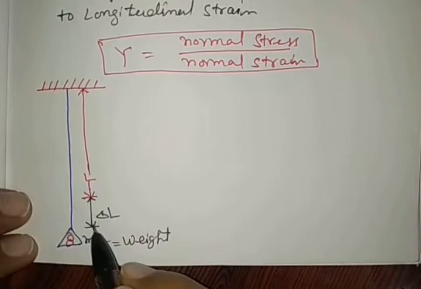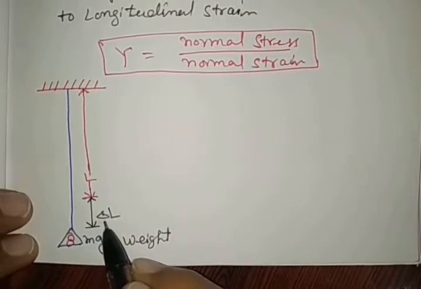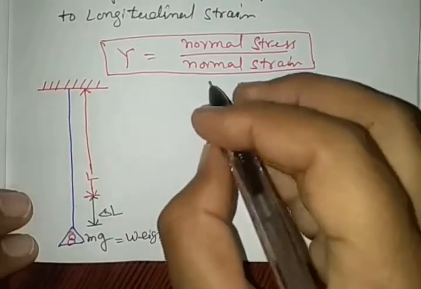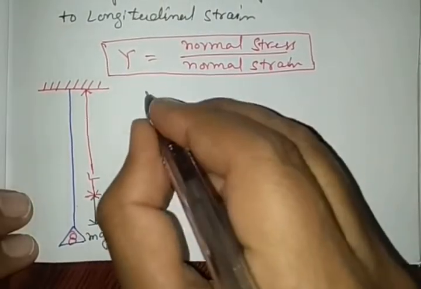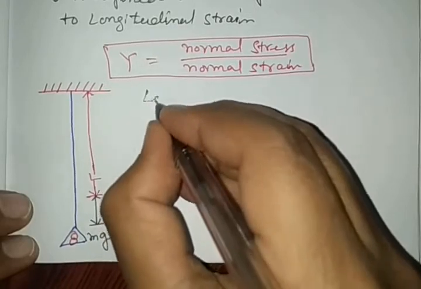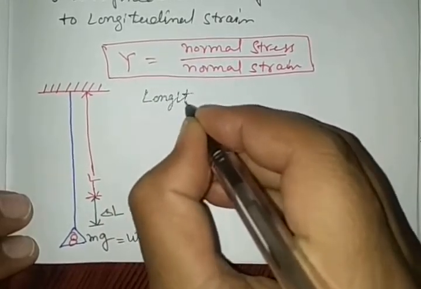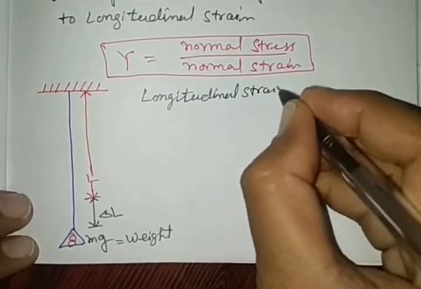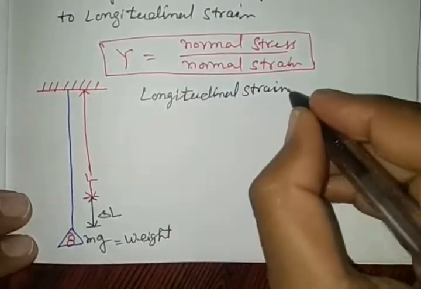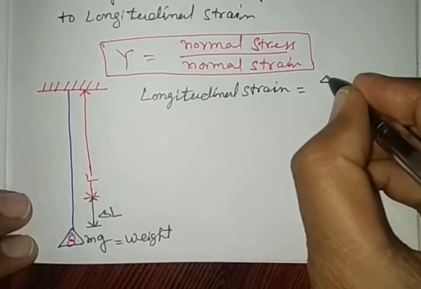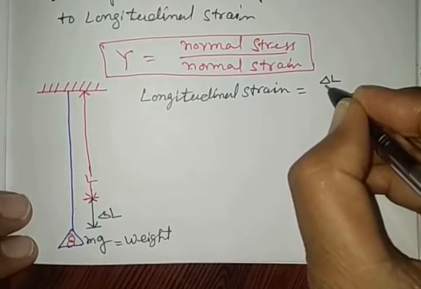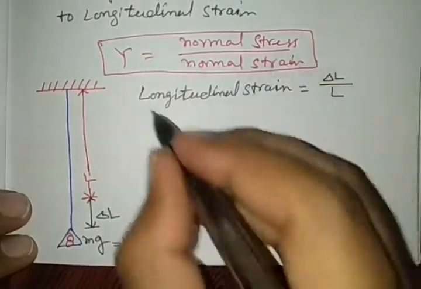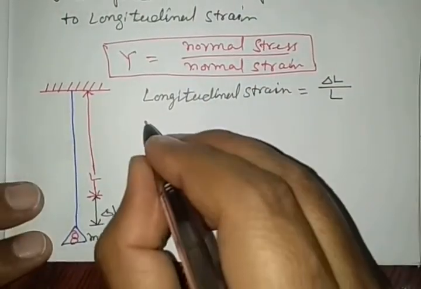Here the extension produced is delta L. In that condition, longitudinal strain, that is also called normal strain, is elongation produced in wire by original length of wire.